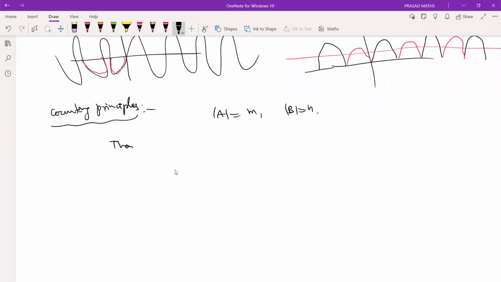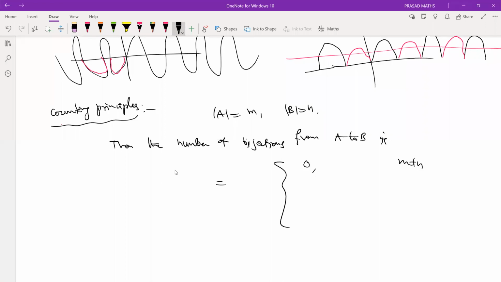So the number of bijections from A to B is, as I already told you, 0 if m is not equal to n. We have seen this already, right?